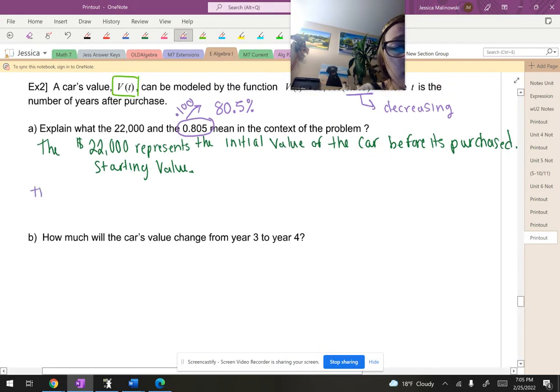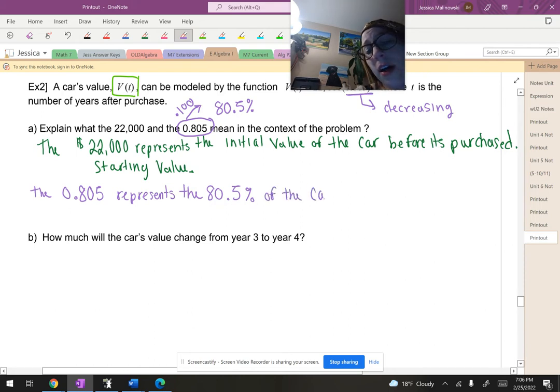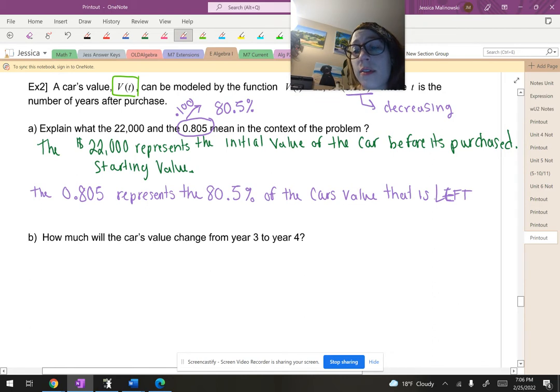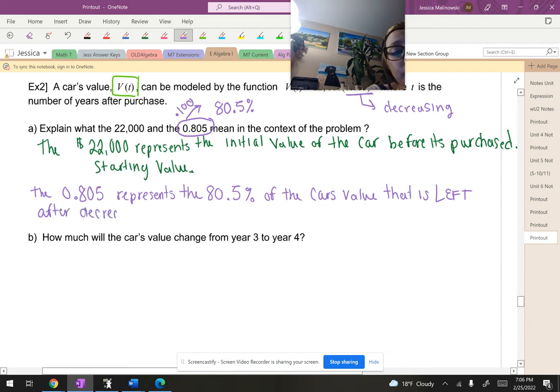So the 0.805 represents the 80.5% of the car's value that is left after decreasing by blank.